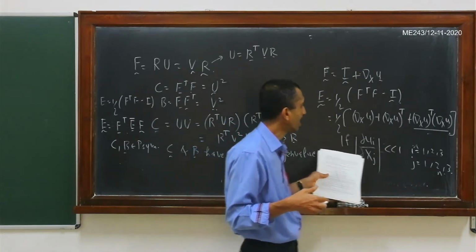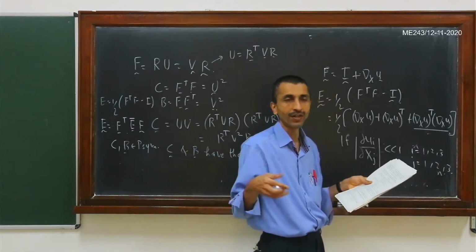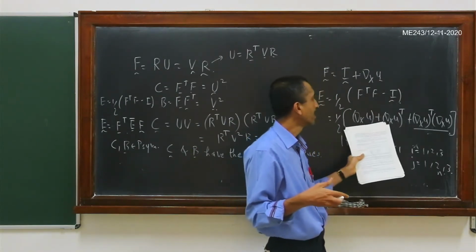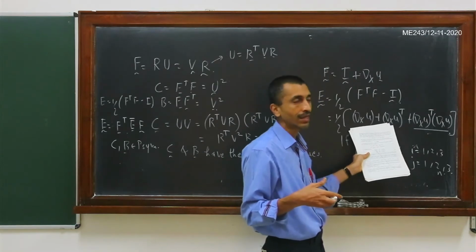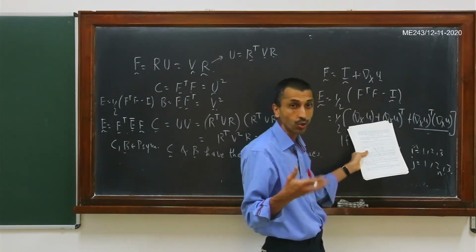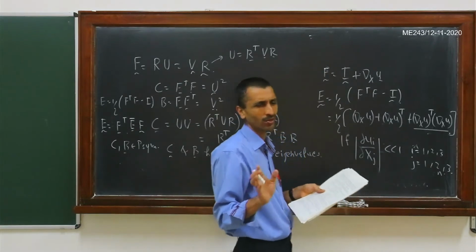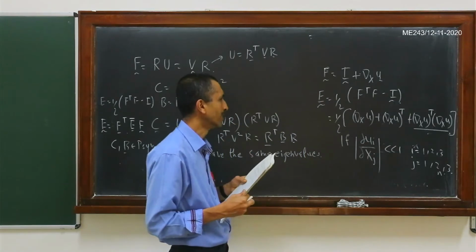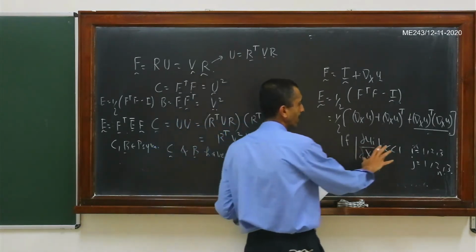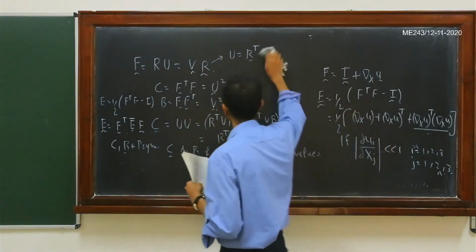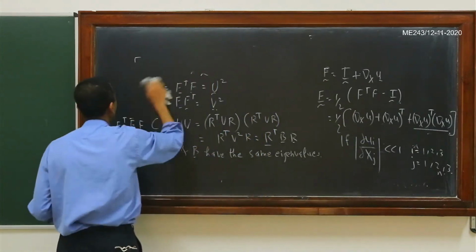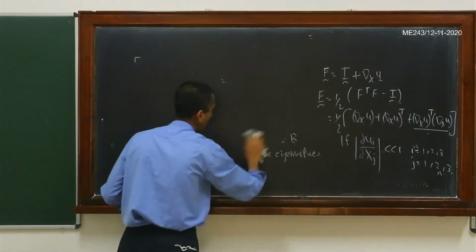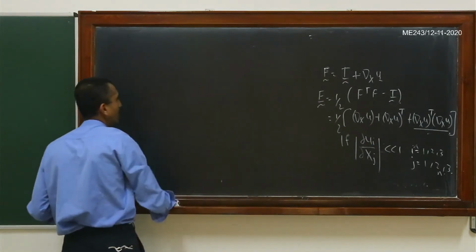Then the quadratic terms will be of the order of 10 raised to minus 4, which can be neglected in comparison to 10 raised to minus 2. Of course 10 raised to minus 2 is just a rough number, and that depends on the particular situation, but it has to be much smaller than 1. Then you can make the approximation that the nonlinear terms can be dropped, and you can define the linear strain tensor.